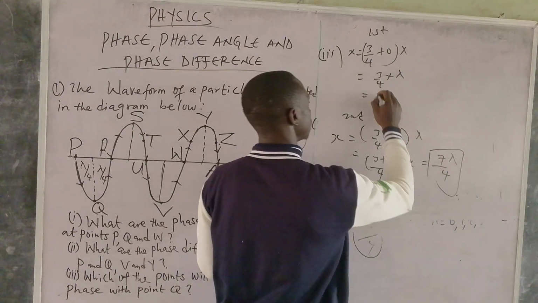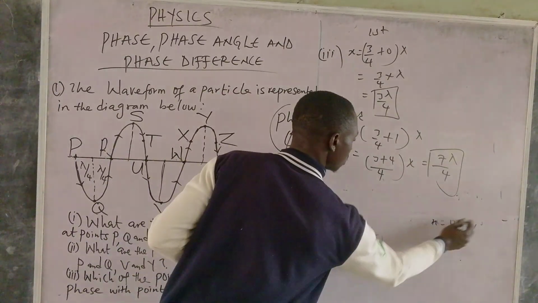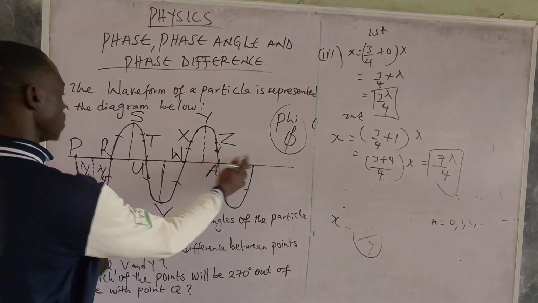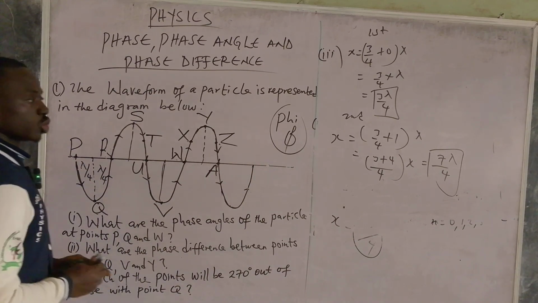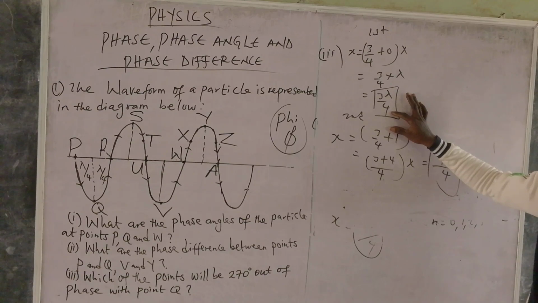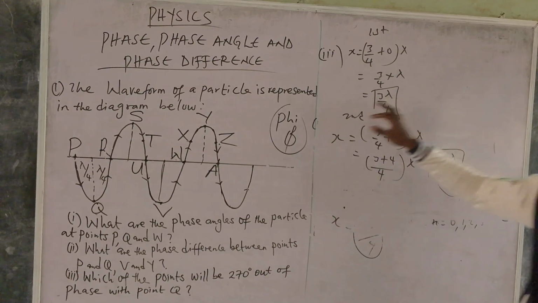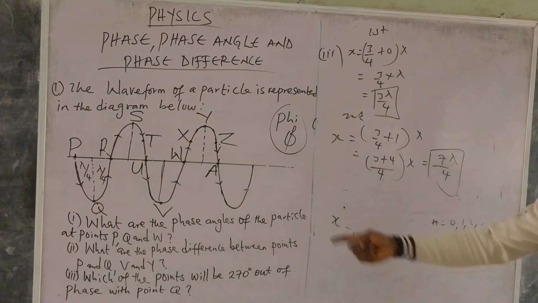If I pick n equals 2, we are going to have a distance more than what we have on this graph. So these are the 2 points we are looking for: the point that is 3 lambda over 4 from point Q, and another point that is 7 lambda over 4 from point Q.